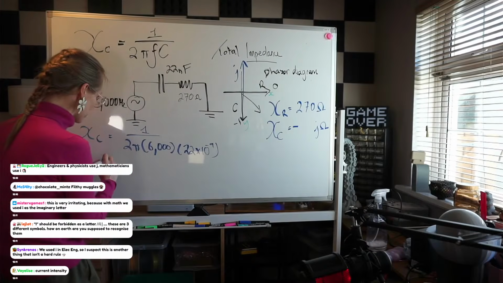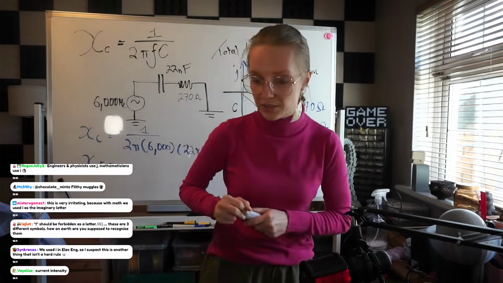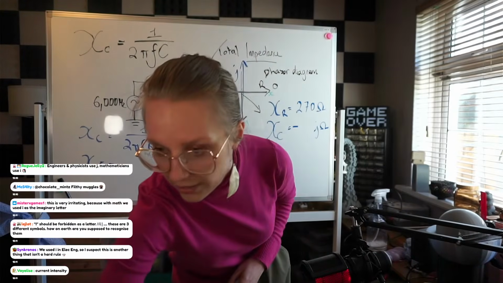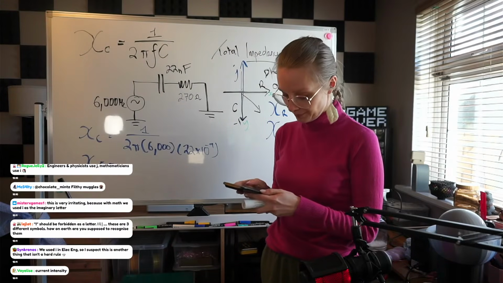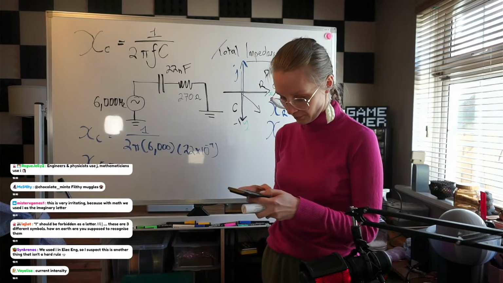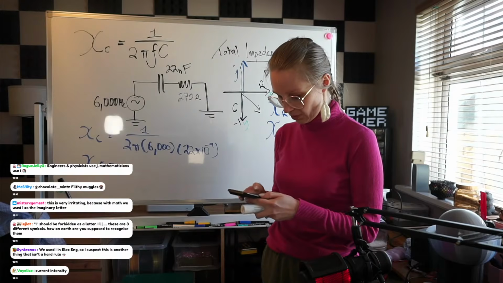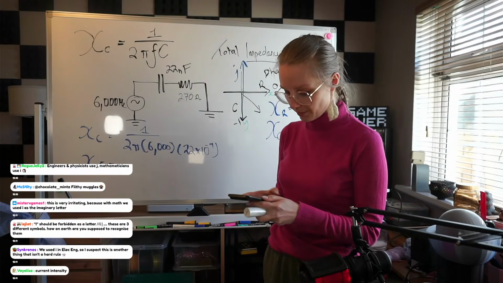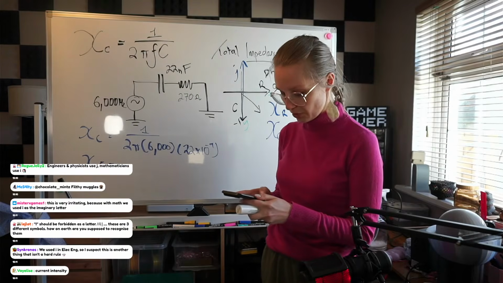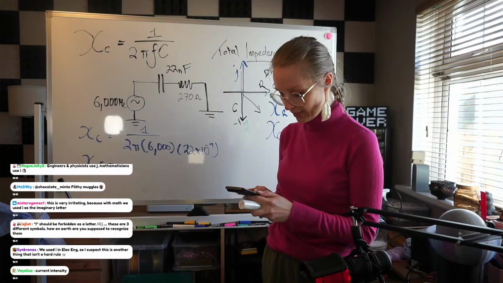Don't forget those pesky units we need to keep track of. So let's grab your calculators. 1 divided by 2 pi, put that all in brackets because I don't trust calculators, multiply by 6,000, multiply by 22 by 10 to the minus 9.